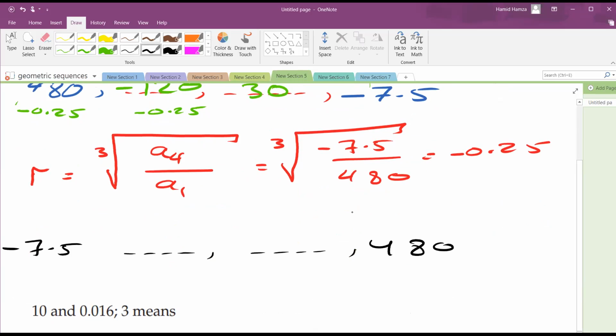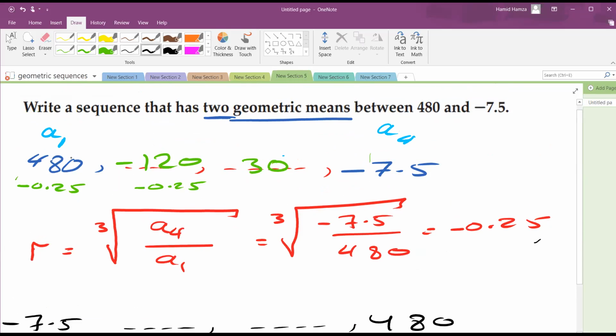Yes, the common ratio will change, because in the first case this sequence is decreasing, as I start with the greater and end with the smaller, so the common ratio is a fraction.